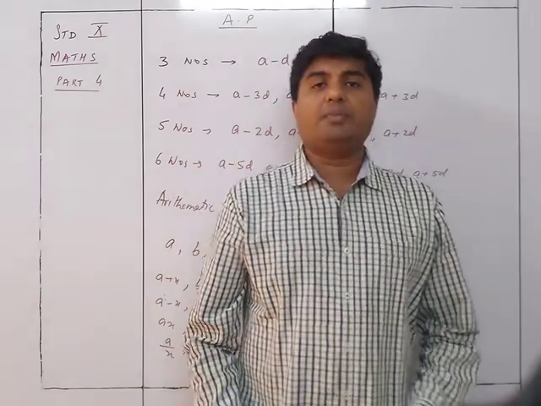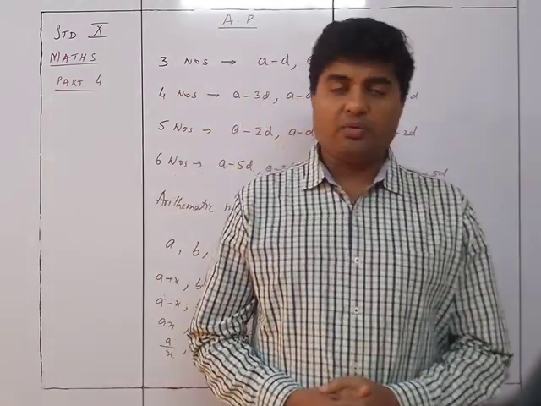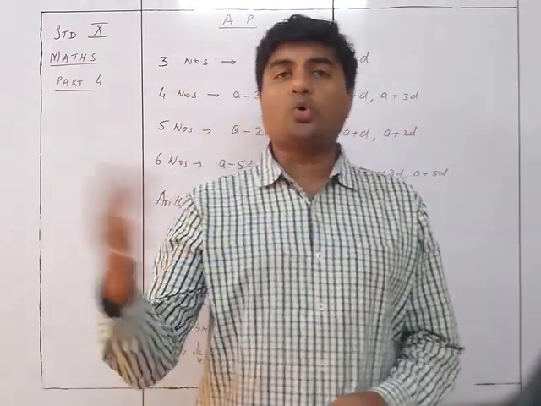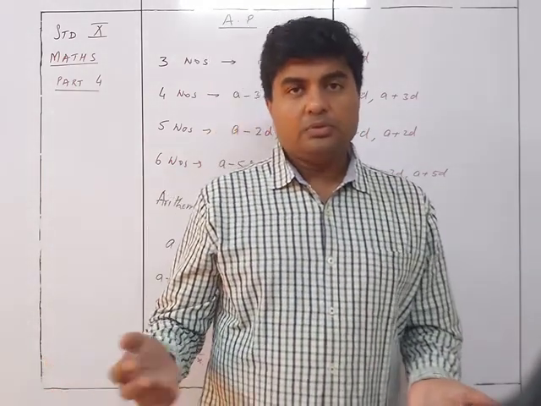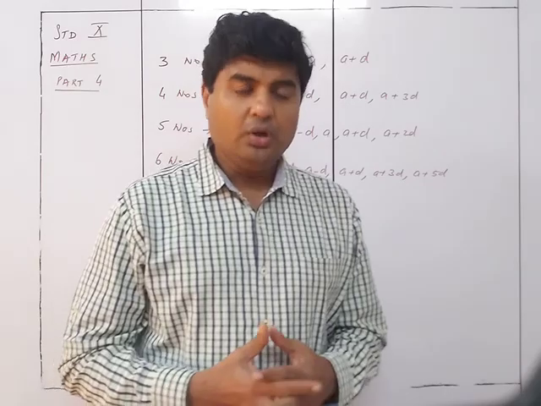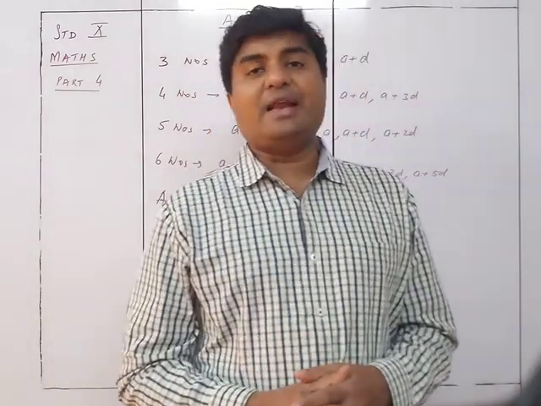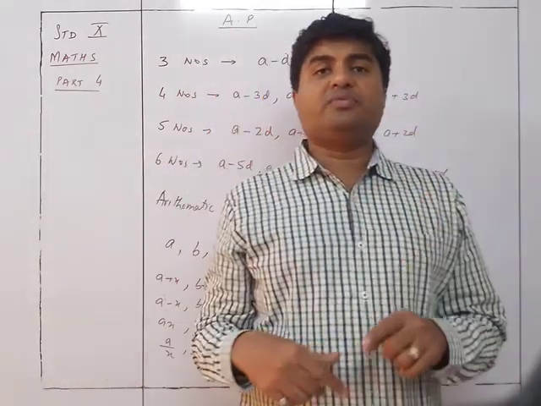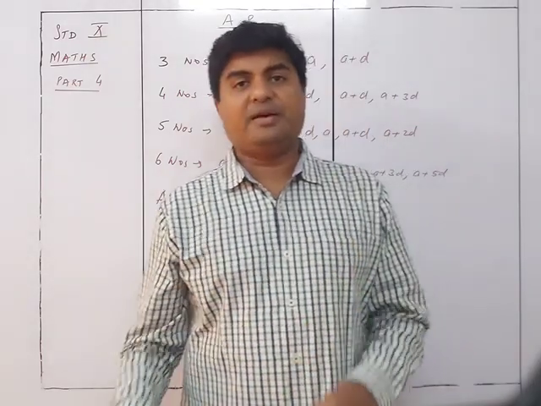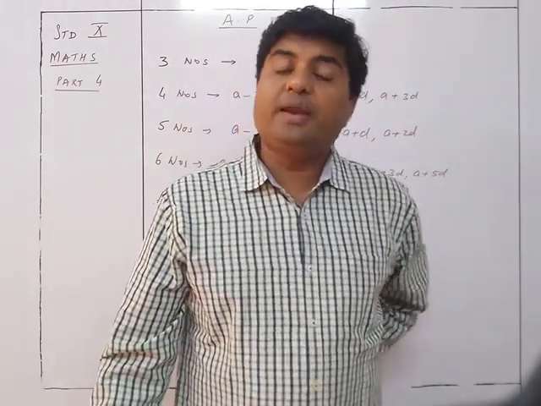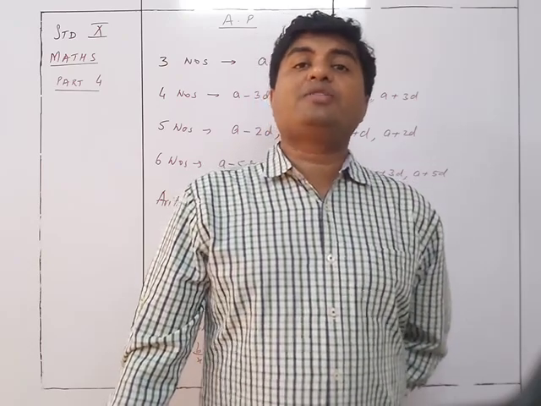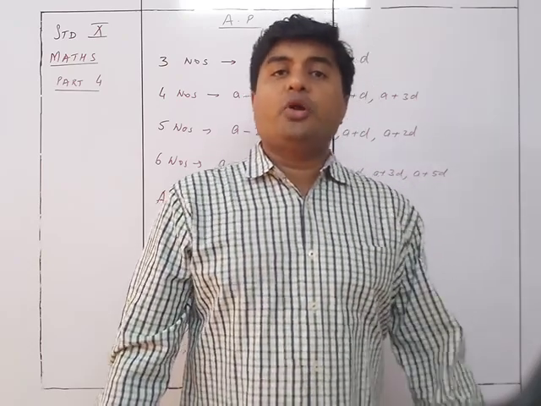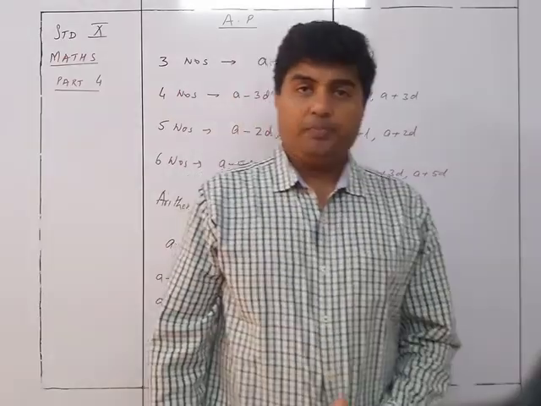So if I have the numbers 1, 3, 5, 7 and I add 2 to all of them, what will happen? It will be 3, 5, 7, 9. So it will still remain in AP. So addition of any number to all the numbers of the AP gives a resultant series also in AP. Similarly, if I subtract any number from all of them, it is going to remain in AP.